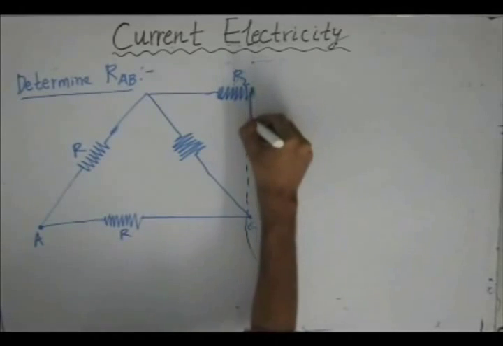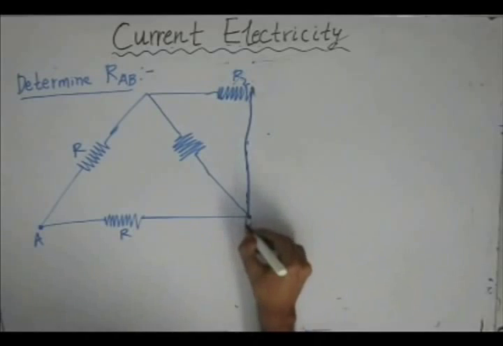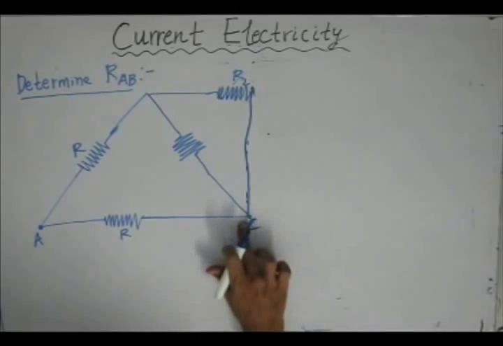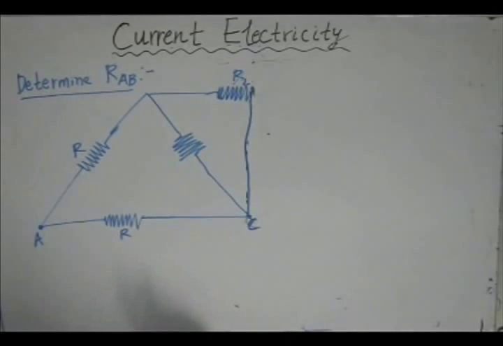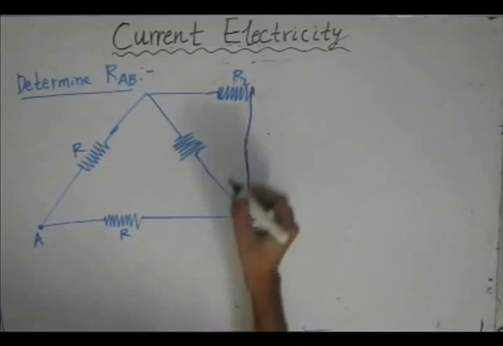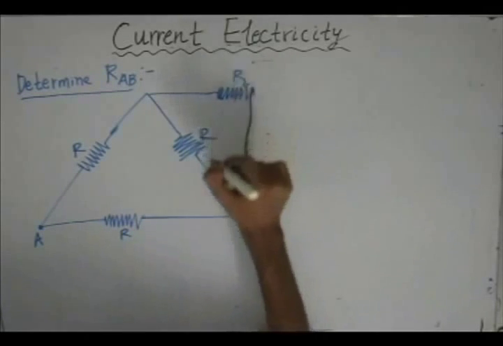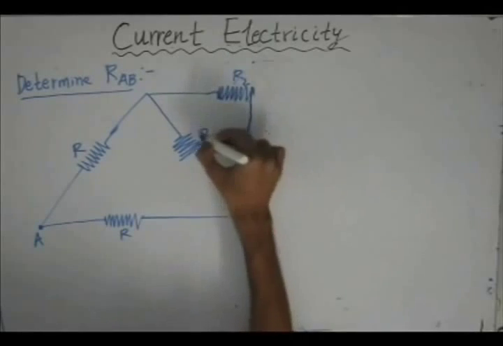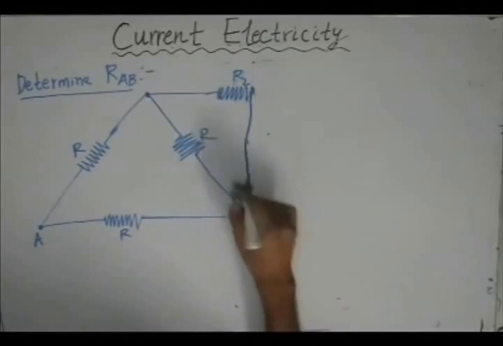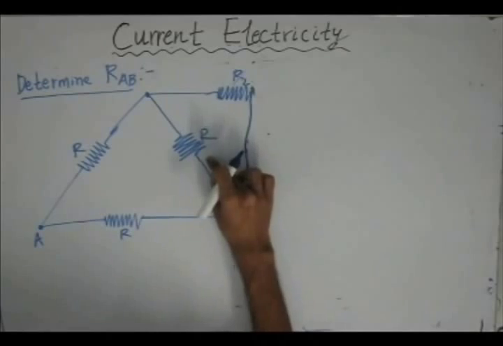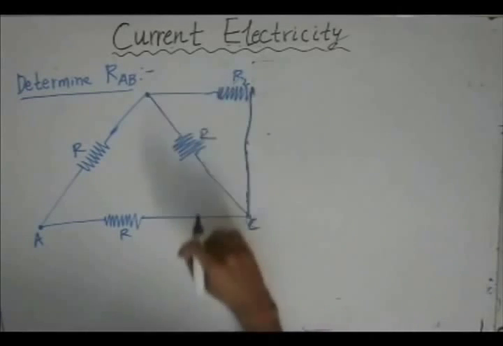Now we need to determine the equivalent resistance of this combination of resistors. If you observe here, this value of R by 2 is in parallel with this resistor R, since the endpoints of both these resistors are common.